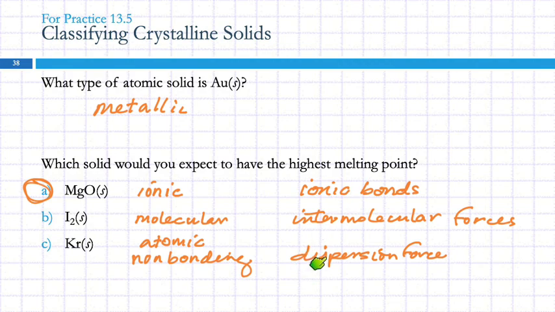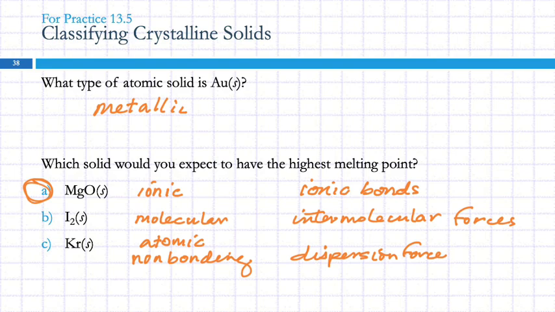With these two, intermolecular forces and dispersion forces, I wouldn't make you choose between those two, because that just involves a little bit more thinking, right? One thing you can do is just look at the periodic table, and that shows the state at room temperature. Iodine has a black letter, so it's a solid. And what does krypton have? Red. That means it's a gas.